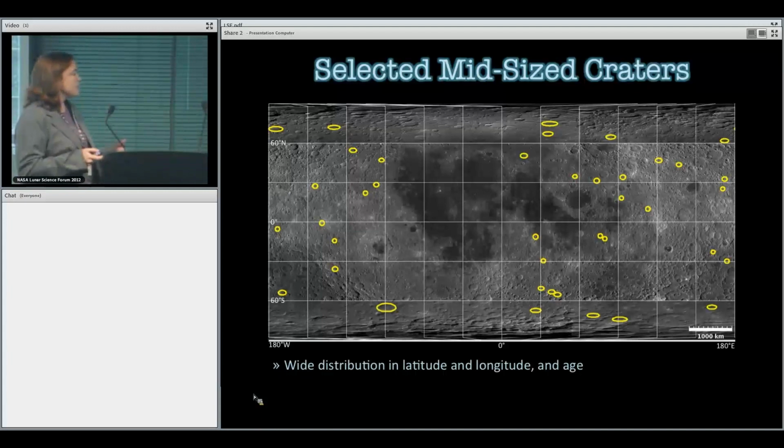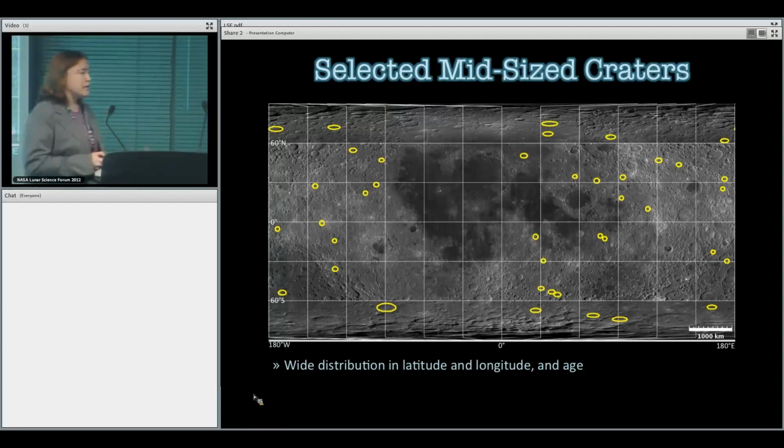And by large lunar craters in this case, we're looking at primarily those with diameters between 80 and 100 kilometers. This is our selection of 40 craters on the lunar surface whose floors we examined. These craters were selected from a larger distribution, about 150 named craters of this size, based mostly on imaging availability.